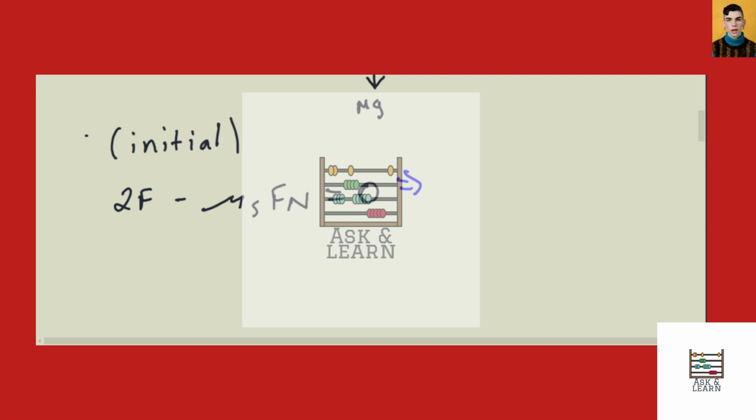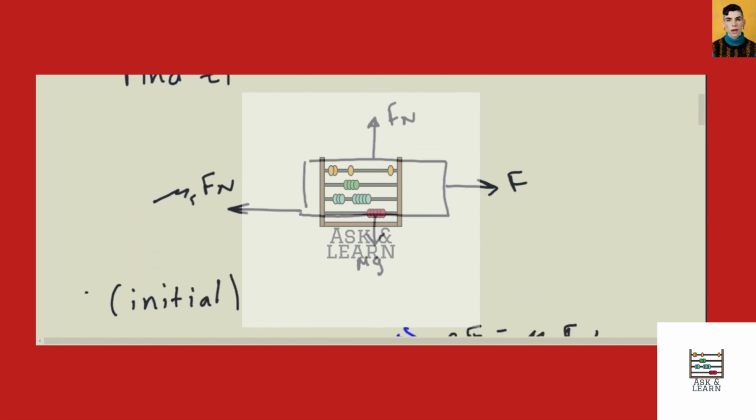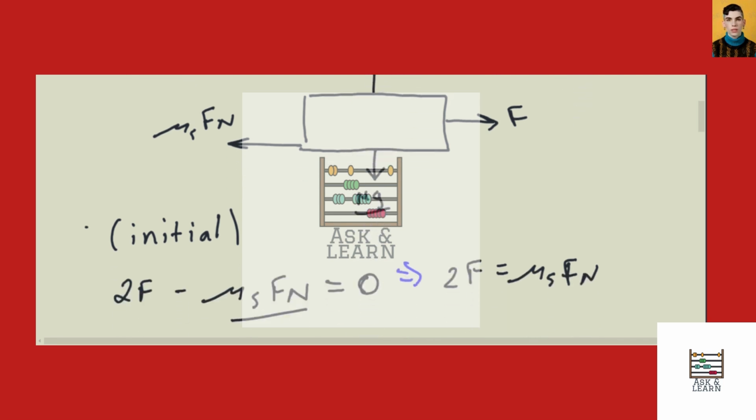So put this to the right side. So you have 2F is equal to mu s Fn. And we know, just by looking at the diagram, to find Fn, the only other force in the y direction is just mg. So the normal force is just mass times gravity in this case.